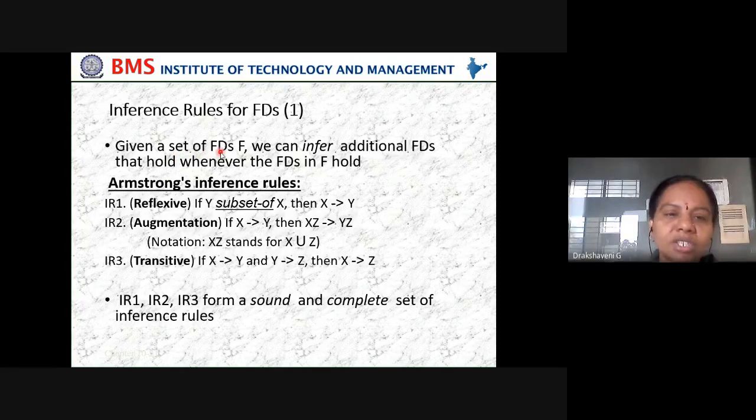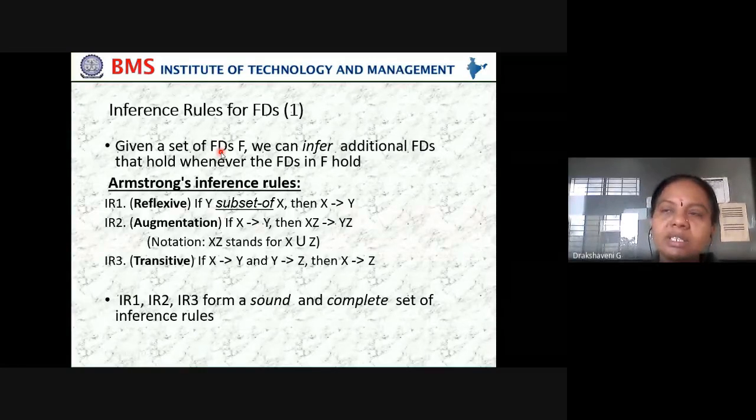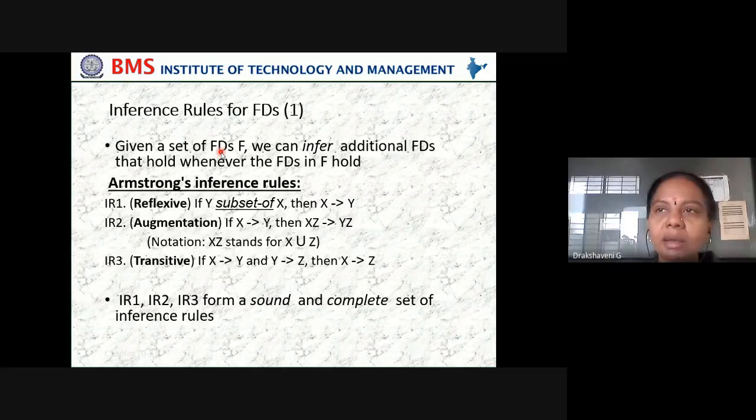Given a set of functional dependencies, functional dependencies are not only one-to-one, like your USN and name. Along with that, I can add your DBMS marks, lab and theory also. Yes, that is what is called a set of functional dependencies.